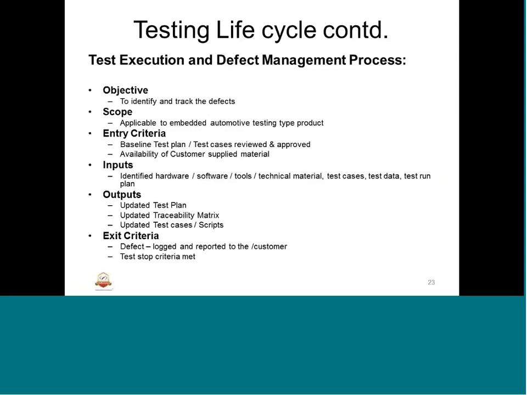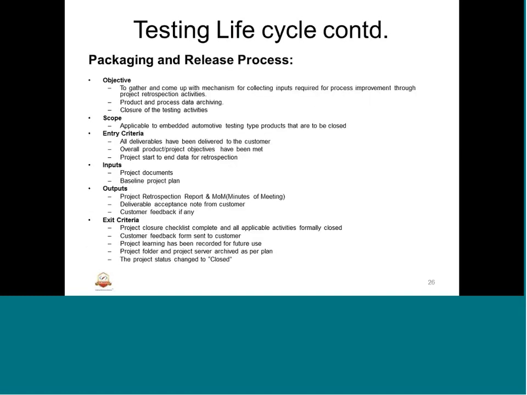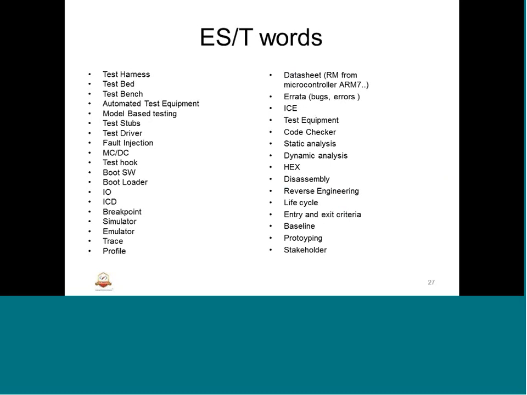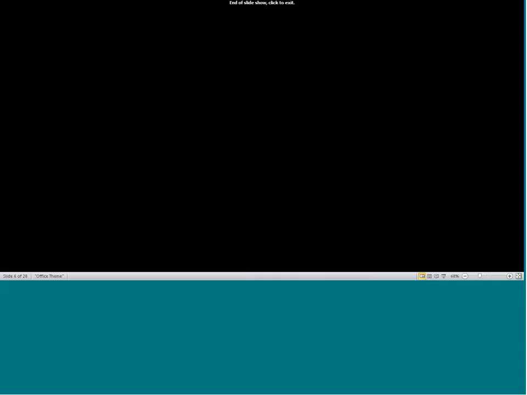This is taking an example of automotive test process, how they follow it for testing the embedded software. Also we studied some of the embedded software words, which we will touch base on again and again in each class so that we are aware of this. Also, we had a few questions as exercise. So that is about the previous session.